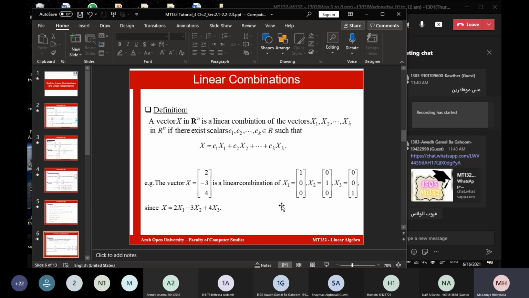Now we want to define the linear combination. What is the linear combination?